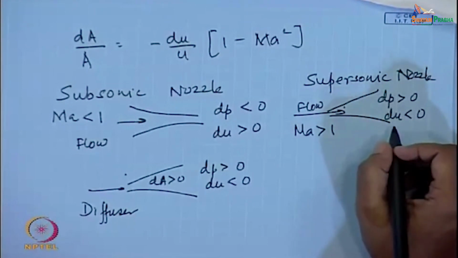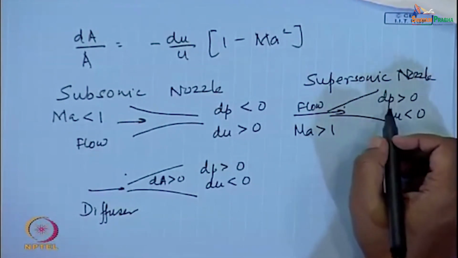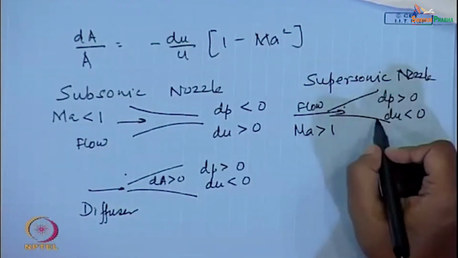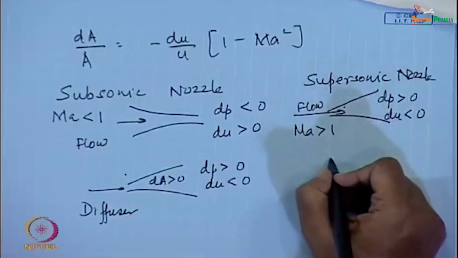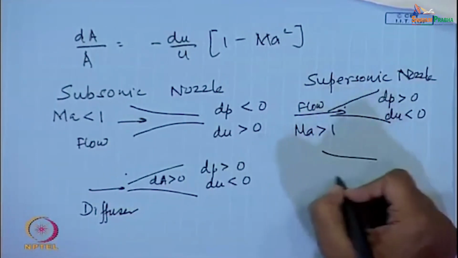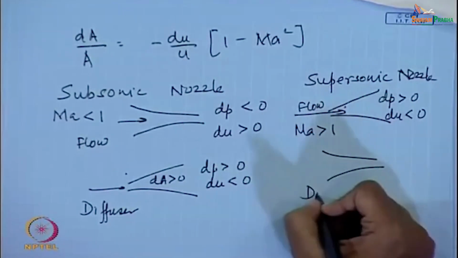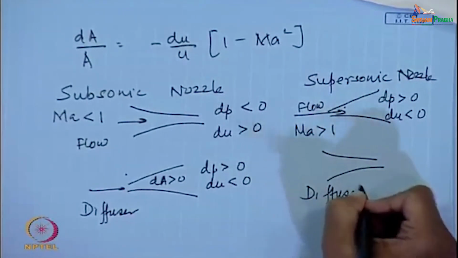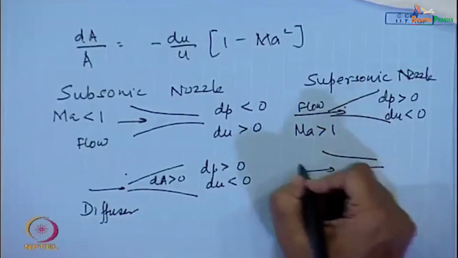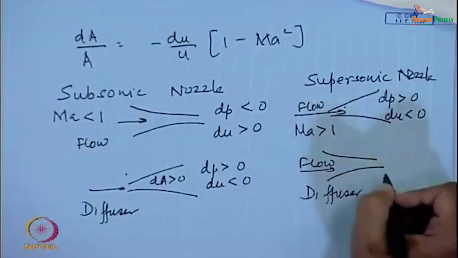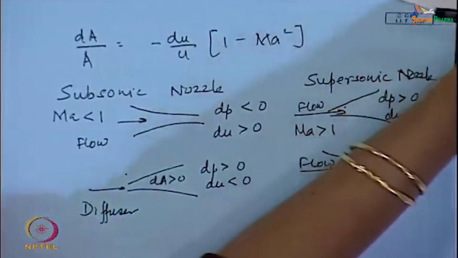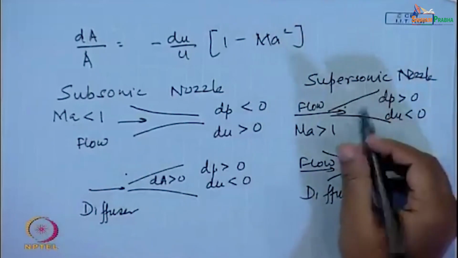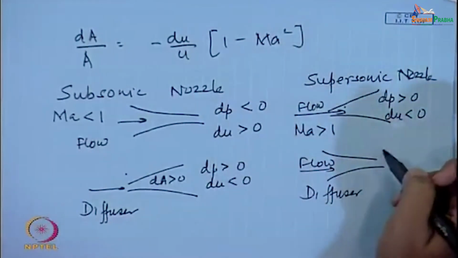So, the supersonic nozzle is of this form, and the supersonic diffuser has a convergent profile. Again the same thing, flow is in this direction.